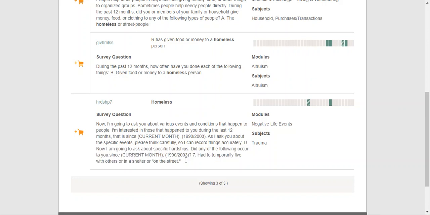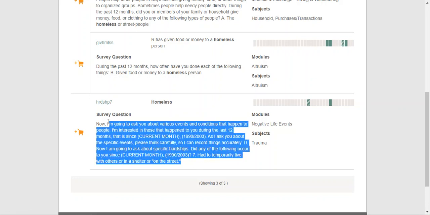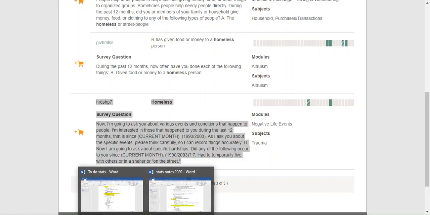And one of the things asked then was, did you have to temporarily live with others or in a shelter or on the street? So this is supposed to mark homelessness. If you're interested in homelessness, this might be a variable you want to find. So say, for instance, you're interested in homelessness, you would find this variable. For your topic, you might copy this down.